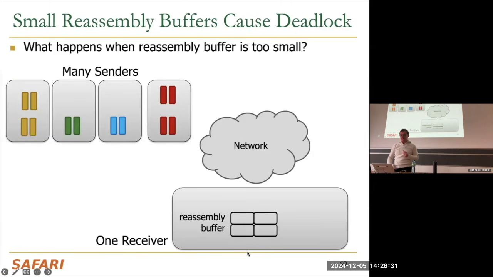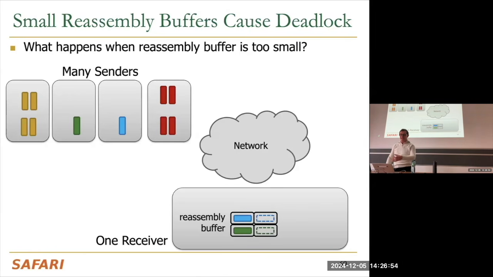You can have many senders over here and not a large enough reassembly buffer, let's say. Senders are sending to that receiver. And at some point, the green gets ejected to the receiver, and it's waiting for its pair, meaning the other flit that is needed to reassemble the entire packet. Blue gets ejected.